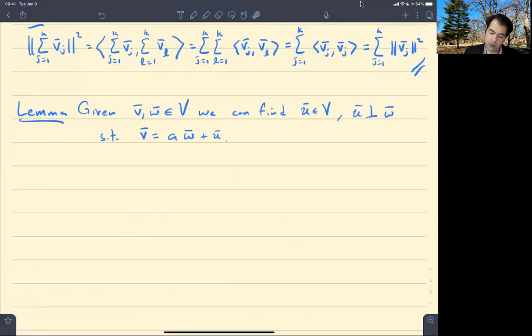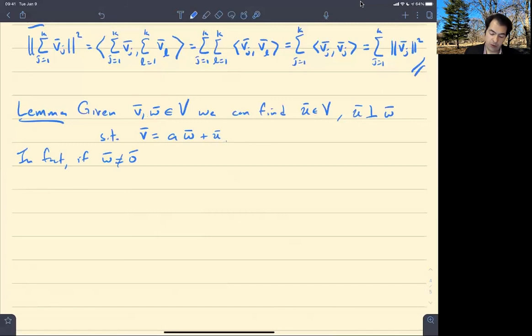Okay, so you give me any two vectors, then I can write one of those as a multiple of the other one plus something orthogonal to it. In fact, if W is the 0 vector, this is a really simple lemma.